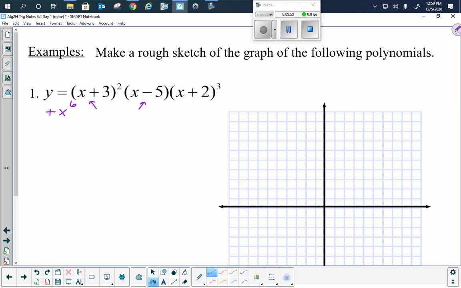And then I just go across and I say, well, at x equals -3, right? Because all I'm doing is taking this and saying, where would that x-intercept be? So I'm just solving it. That's all I'm doing. Okay, so at -3, it's an even power. That makes it a bounce.